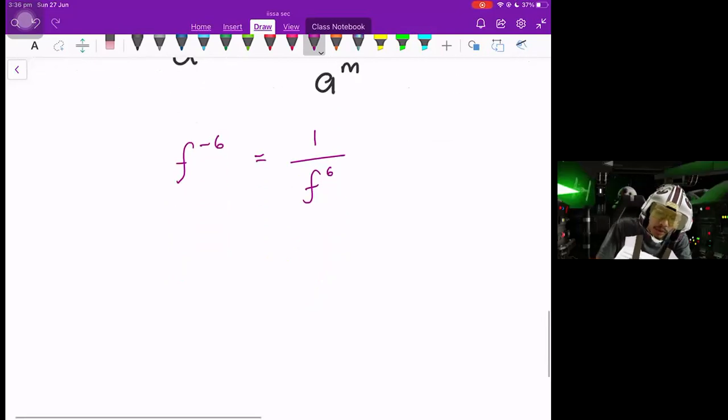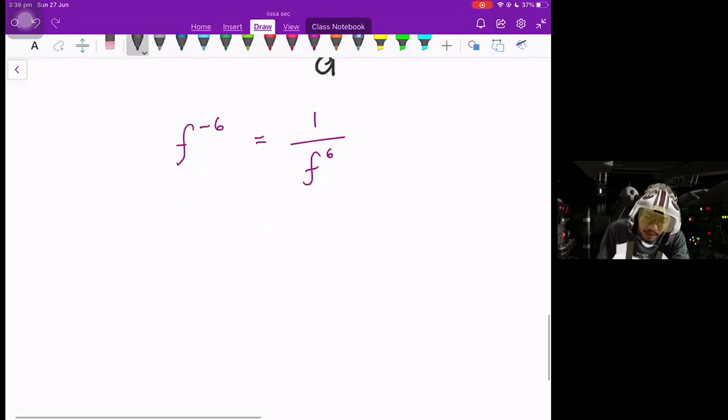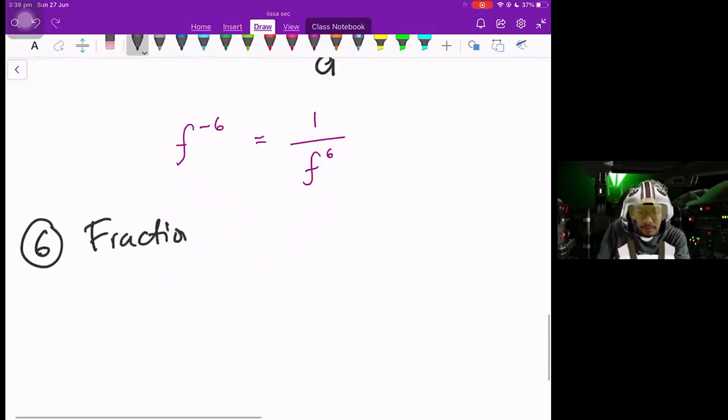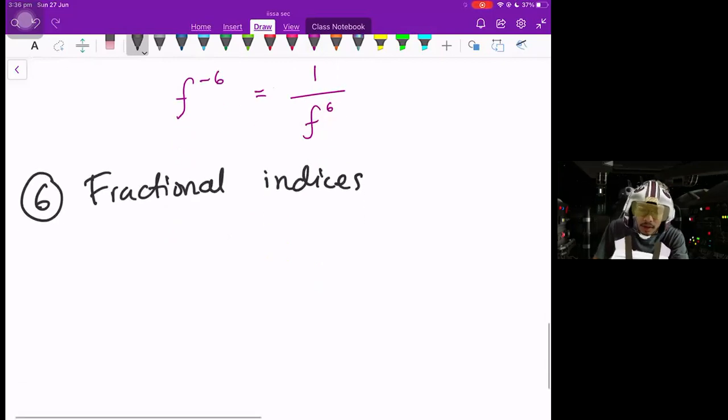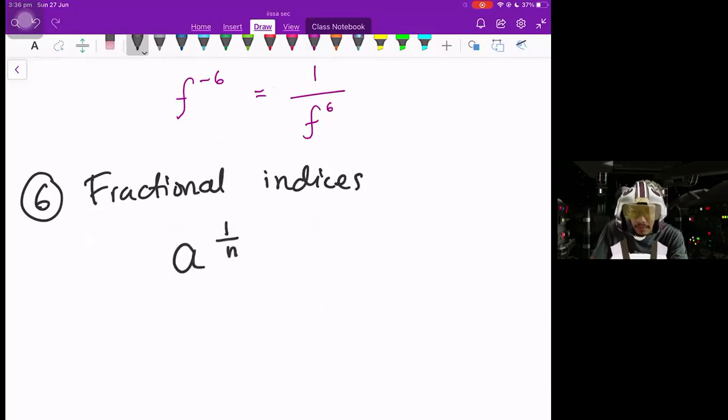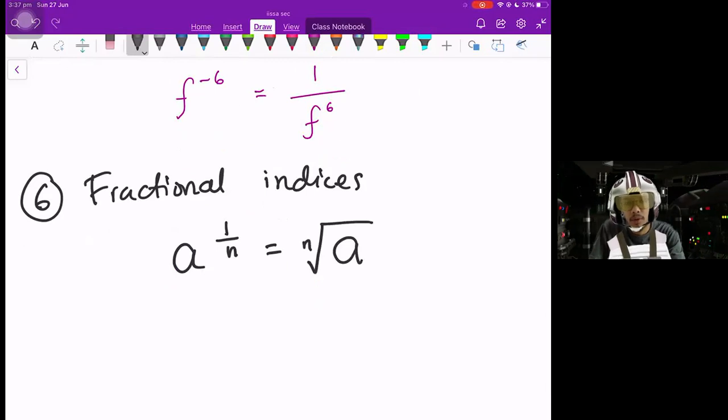I guess this is quite common for you. And then we also have number 6, fractional indices. I'll give you an example first. If we have a to the power of 1 over n, this is actually the nth root of a.